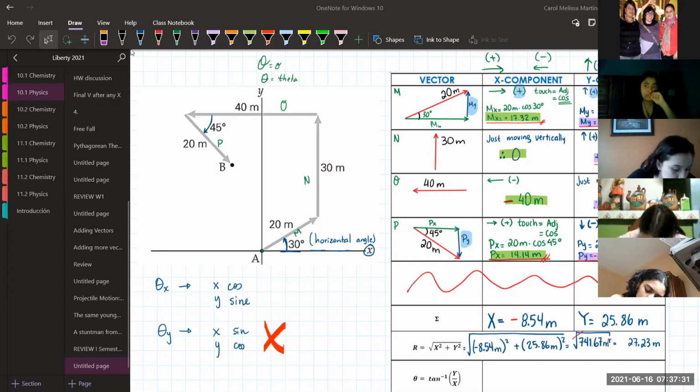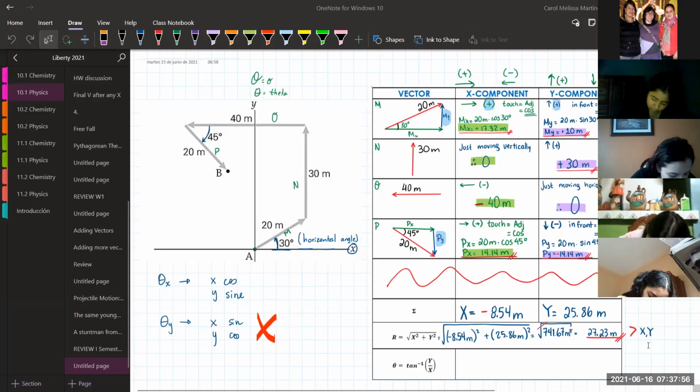Remember, we try to see if it makes sense. As you can see, the 27.23 meters is greater than x and also y. That's an analysis that we do with the answer. If it's greater than the two individual components, then at least it makes sense. And then we apply the formula for the angle.